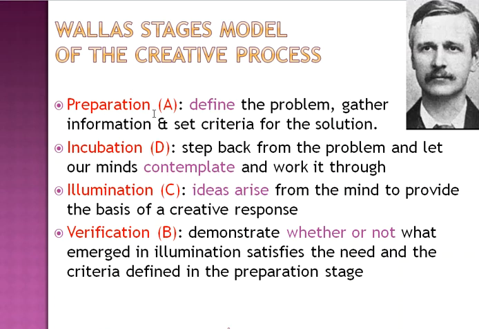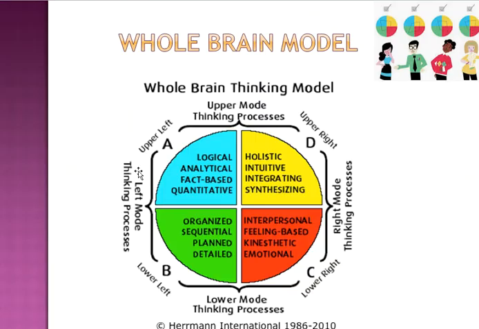Preparation happens in quadrant A in Herman's model. The brain defines the problem, gathers information, and sets criteria for the solution. Incubation, which is D, you see D here is in the upper right. So the brain starts with A and then goes to D.